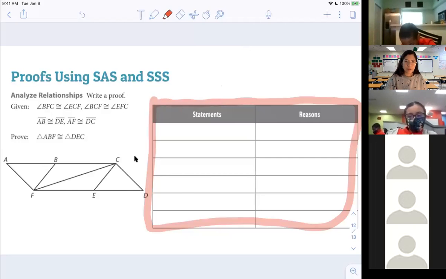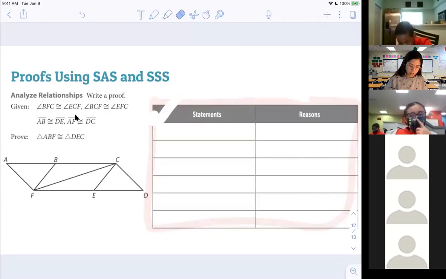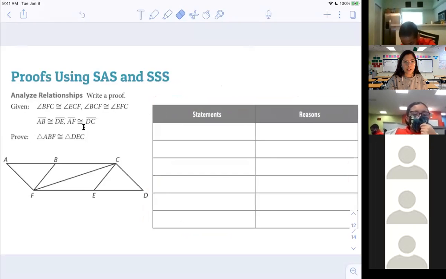All right. So here's my whole situation. I know that it's actually giving me kind of a lot of things. So let's start thinking about what we're trying to look for. Every time you get a problem like this, I always like to highlight what it is I'm trying to prove.